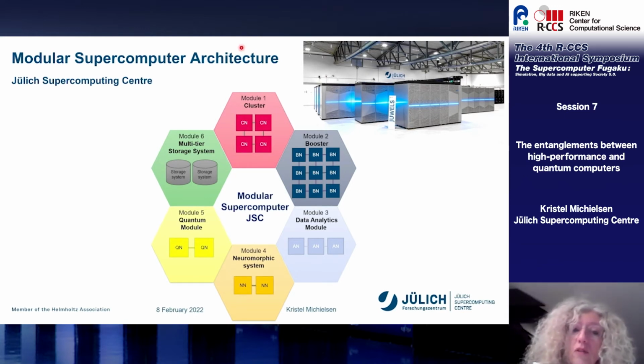So it consists of a module which we call a cluster, and this cluster contains mostly CPUs. We then have a booster to accelerate the calculations, and this booster is a machine which consists mainly of GPUs. And then we have some other modules for the storage and data analytics. And this quantum module I come back to later on.